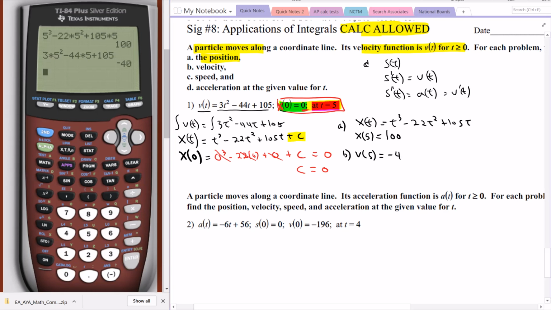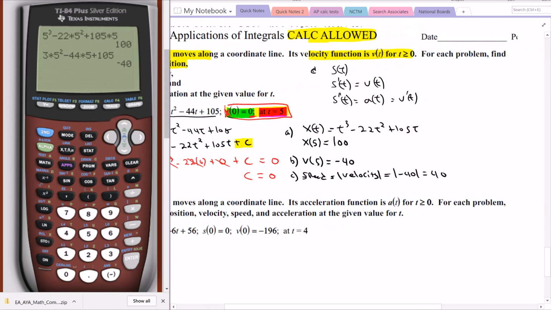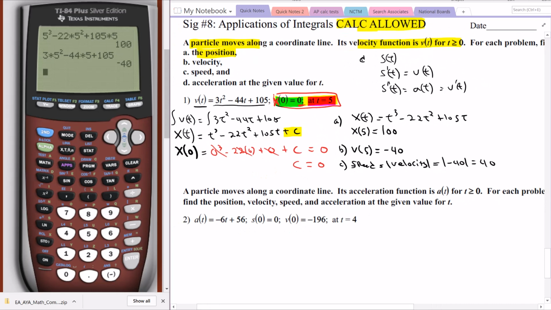It wants the speed, which, remember, is the absolute value of velocity. So it's just the absolute value of negative 40, which is 40. And then it wants the acceleration, which we're going to need to do a little bit of work for, right? Acceleration is the derivative of velocity.